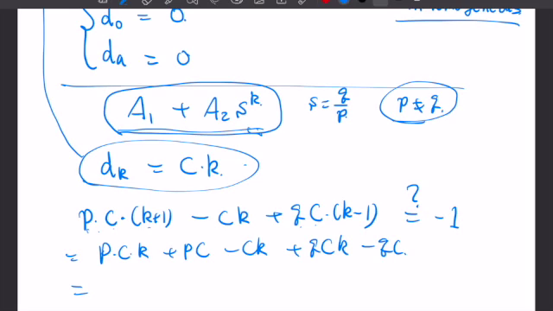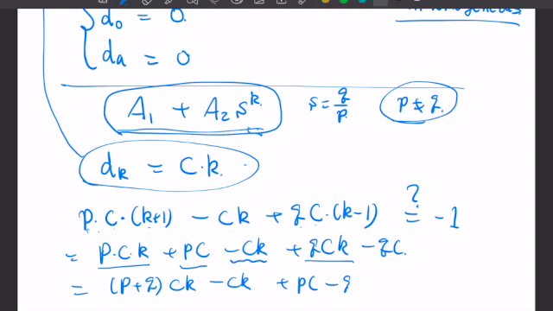Then p plus q times ck minus ck cancels, and we have pc minus qc. And p plus q is 1, so this cancels.